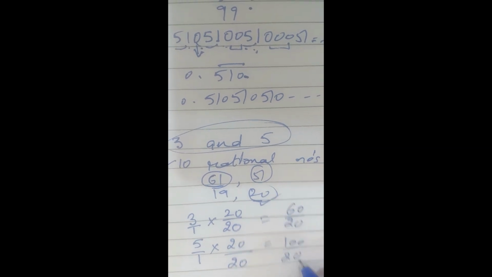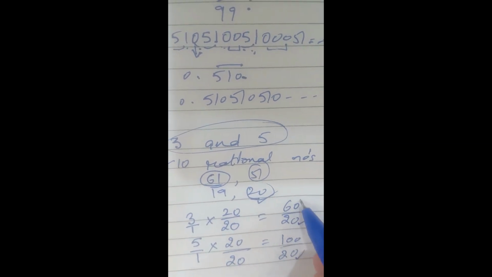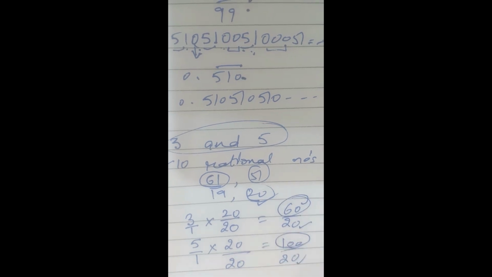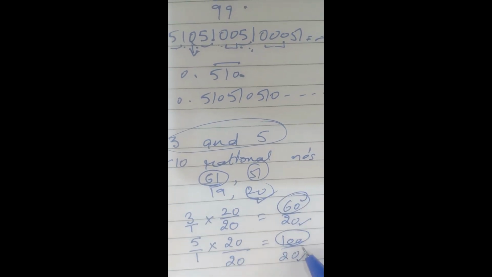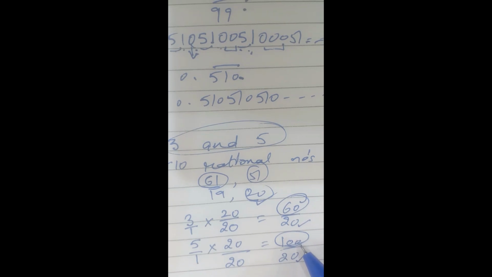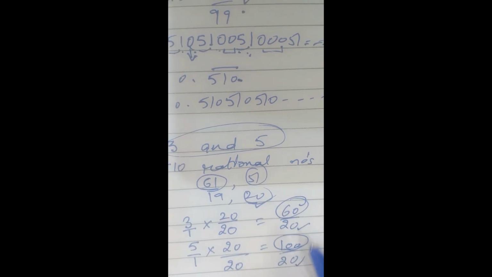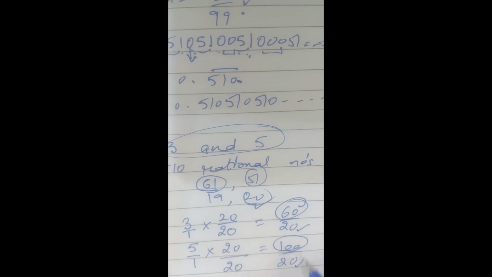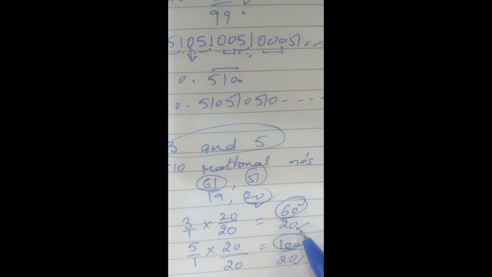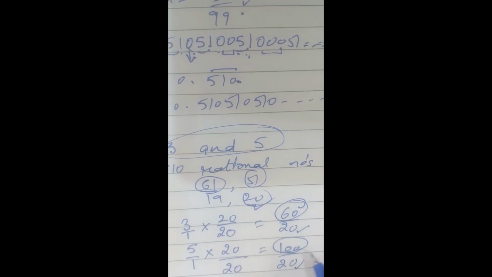Now if you see, denominators are same, numerators are 60 and 100. So between 60 and 100 you can write so many rational numbers lying between 60 upon 20 and 100 upon 20. For example, 61 upon 20, 62 upon 20, 63 upon 20, 64 upon 20, and so on.